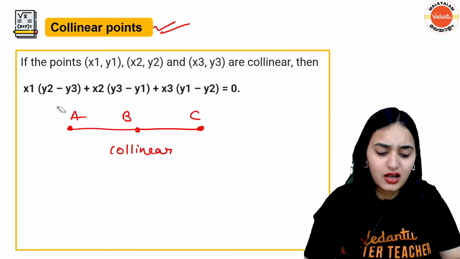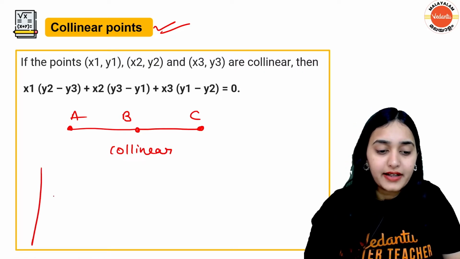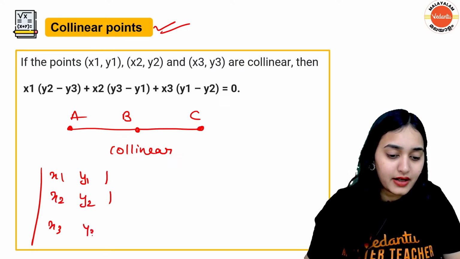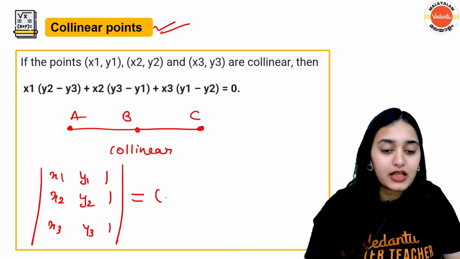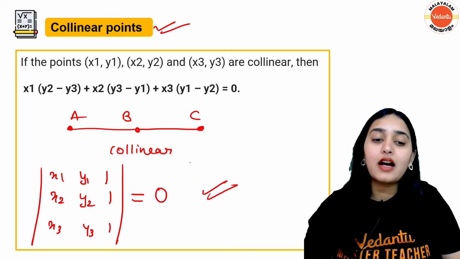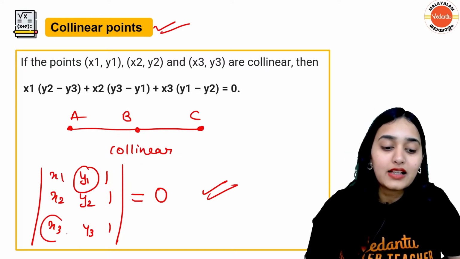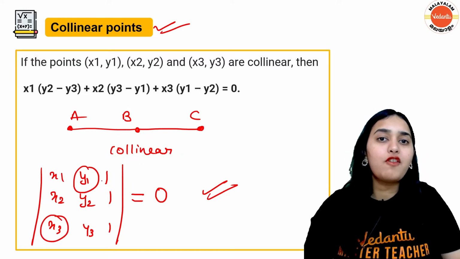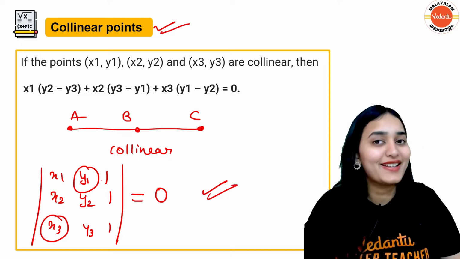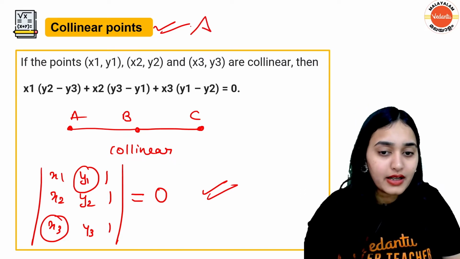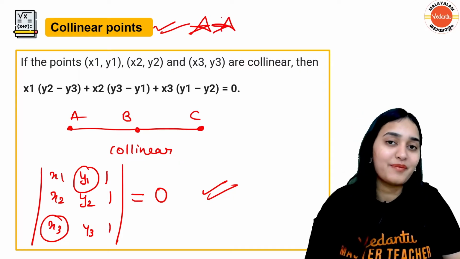So simply here what we do is, we find the determinant x1, y1, 1, x2, y2, 1, x3, y3, 1, and we put it equal to 0. Now in the question what they will do? They will ask the value of y1 or they will ask the value of x3. So just put it in this formula, equate it to 0, you will get your answer. Collinear points. Now this is also important. They ask it every year in the exam.